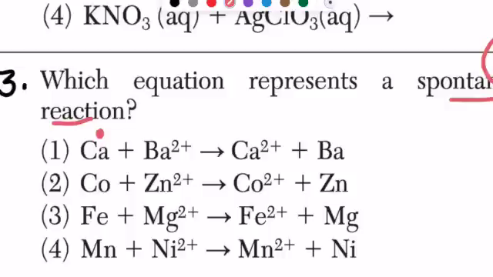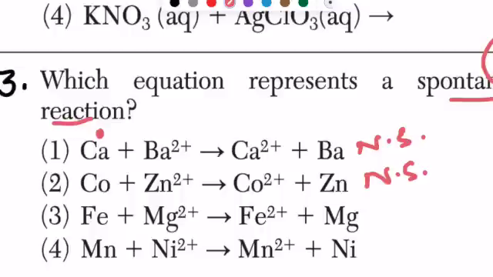So can calcium lose its electrons? Let's compare calcium and barium using Table J. And it looks like barium is more active than calcium. So this one is actually non-spontaneous. Cobalt and zinc, when you compare them, zinc seems to be more active. So once again, this one is non-spontaneous. Then iron and magnesium.